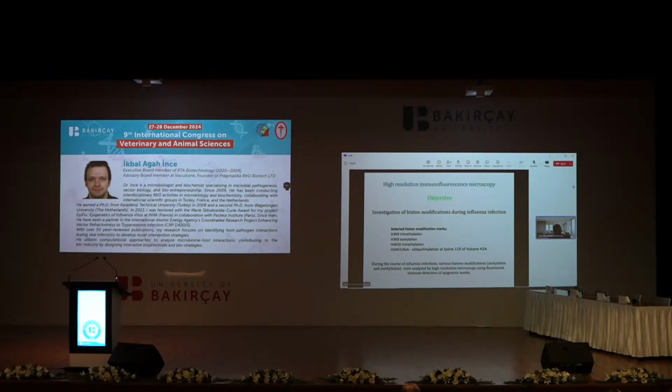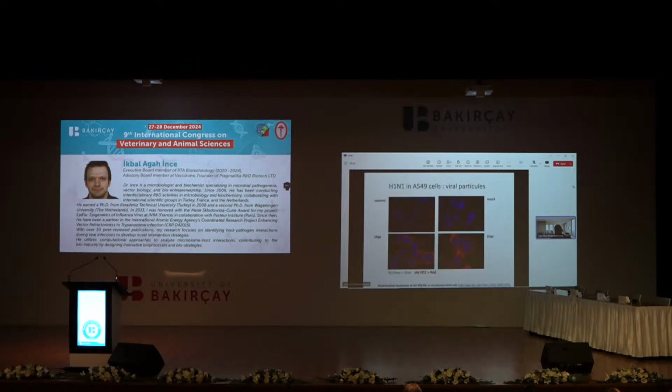These are actually very popular marks: methylation, acetylation, ubiquitination, very well defined cellular events in the cells, which we can show using this.